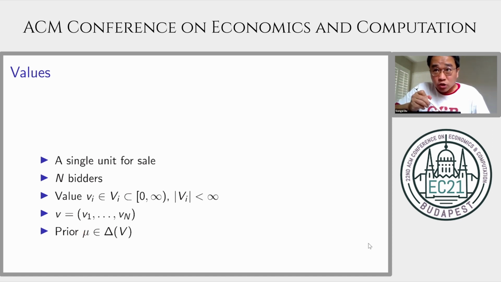As sellers, we can quantify the prior distribution mu over the values. So we know this mu, which is a joint distribution over everyone's value.